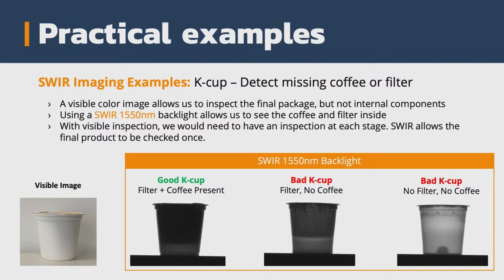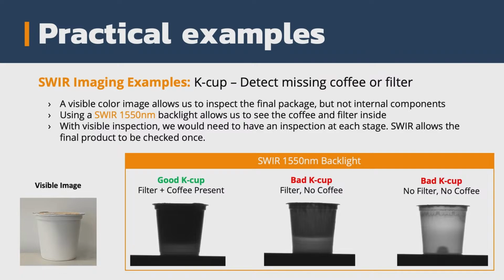And we can tell there's coffee in the top because we can see how dark the contrast is, and the coffee is actually blocking the SWIR light from coming through the packaging. And we can see the lighter portion in the bottom of the K-cup there, which is the filter itself, and even though it's blocking more than the sidewall, it's still passing more light than the coffee. So we can see the dark and the light that make the coffee and the filter.